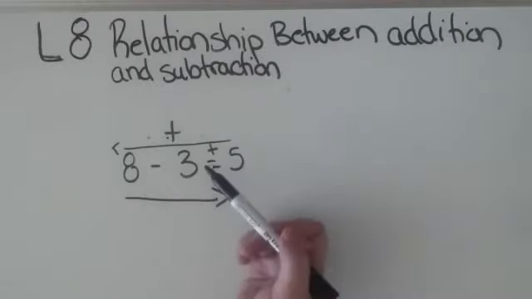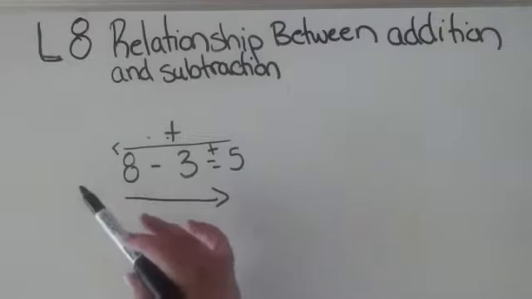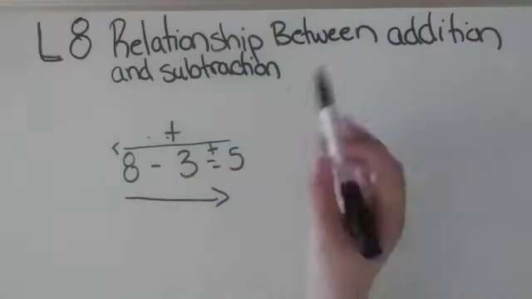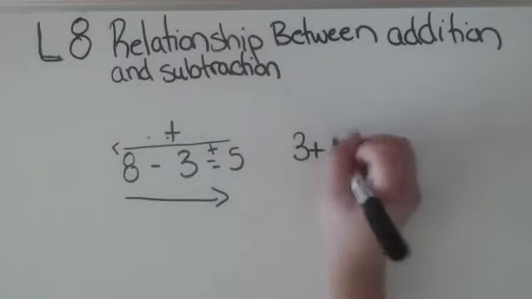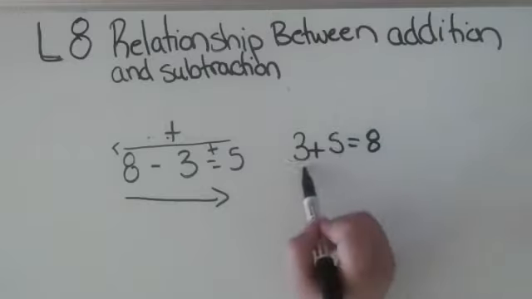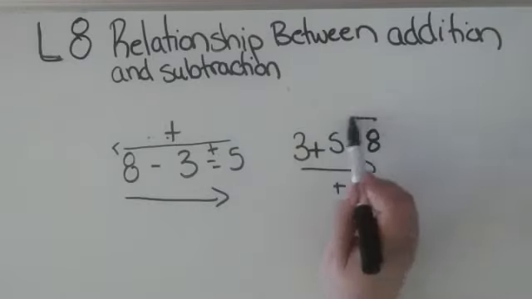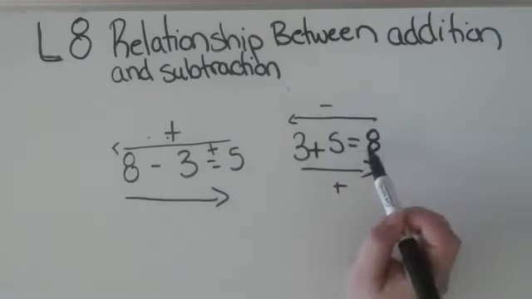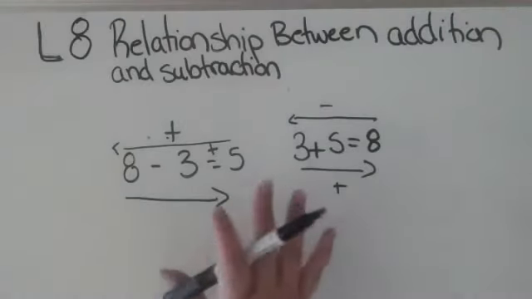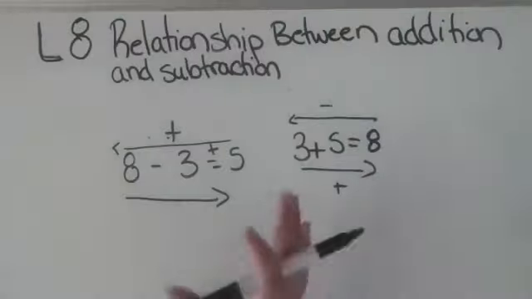If you're going one way with subtraction, you can go the opposite way, or the inverse, with addition. Just like if you had an addition problem, 3 add 5 equals 8, you can go this way for addition and this way for subtraction. 8 minus 5 equals 3. Okay, these are the relationships between addition and subtraction.